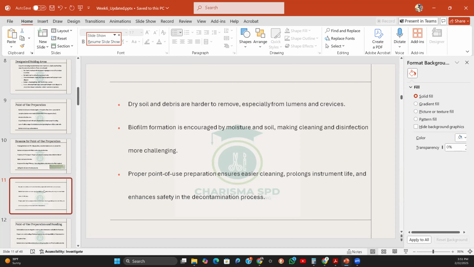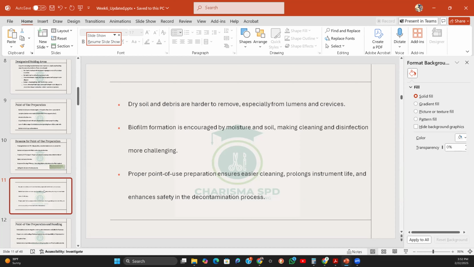But if you allow it to dry, even the brush will not be able to do its job. That is why it's very important that we do point of use preparation, to make sure the blood does not dry, making it difficult to clean instruments with channels, lumens, holes, or difficult designs.